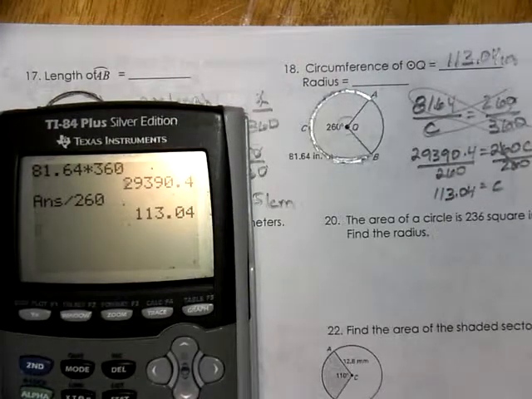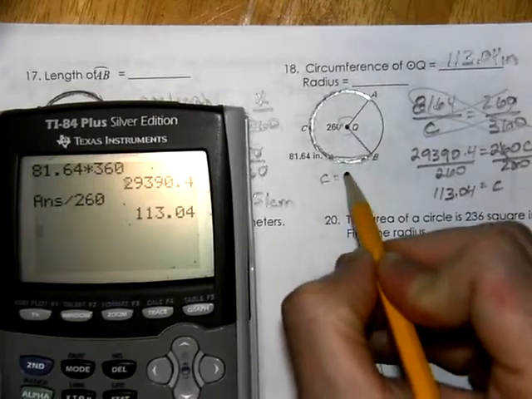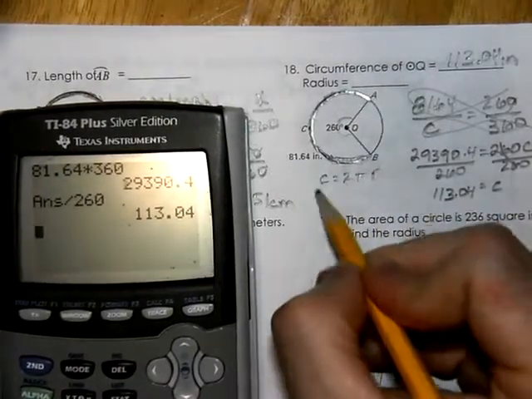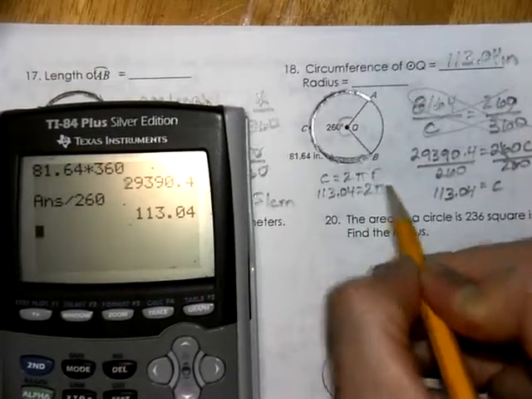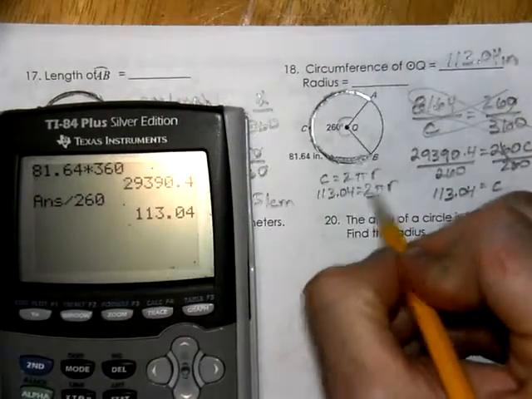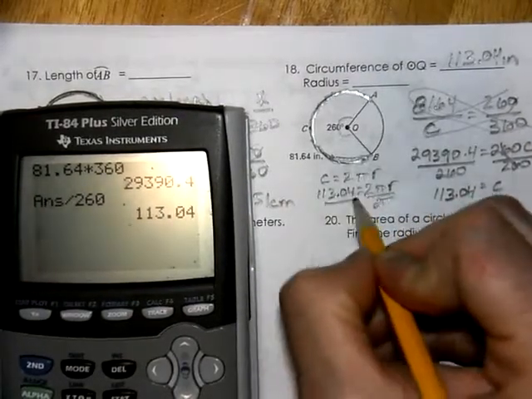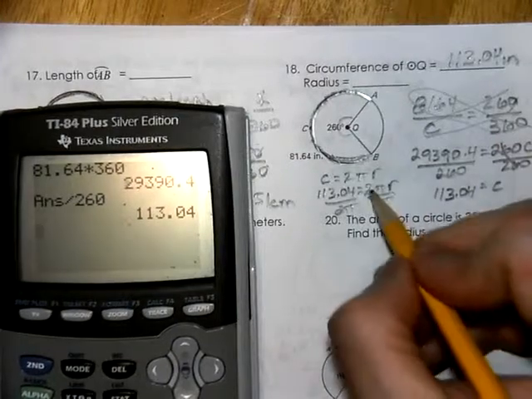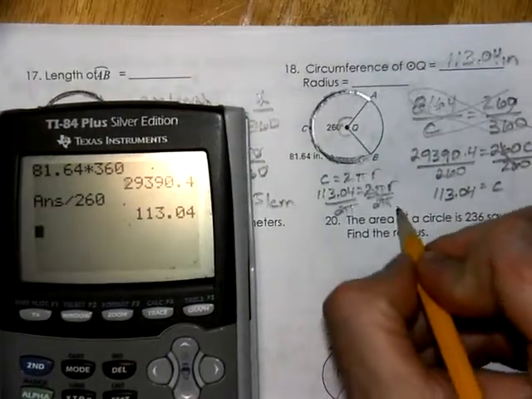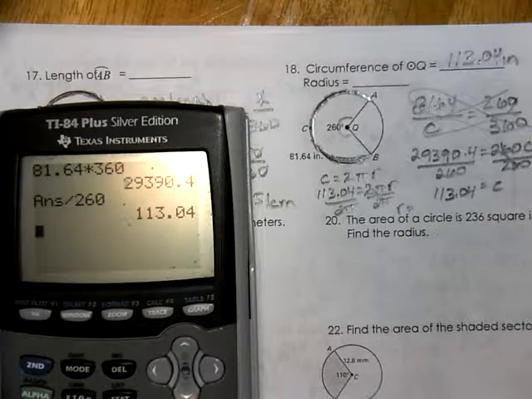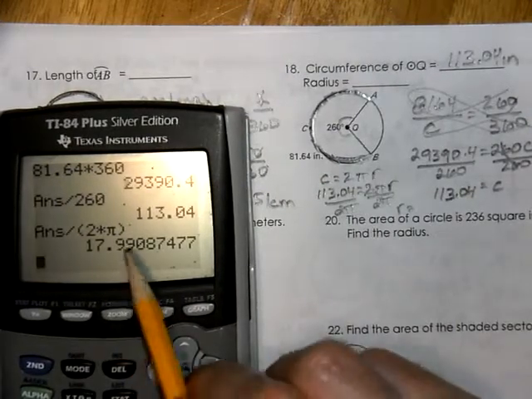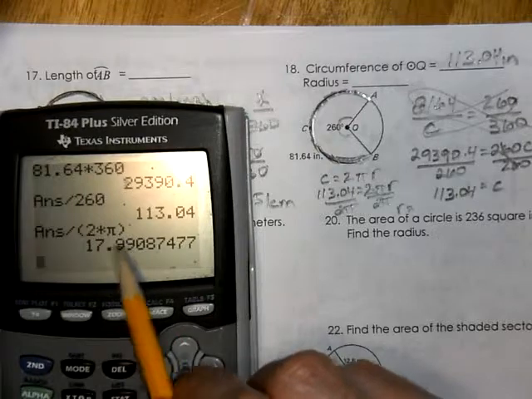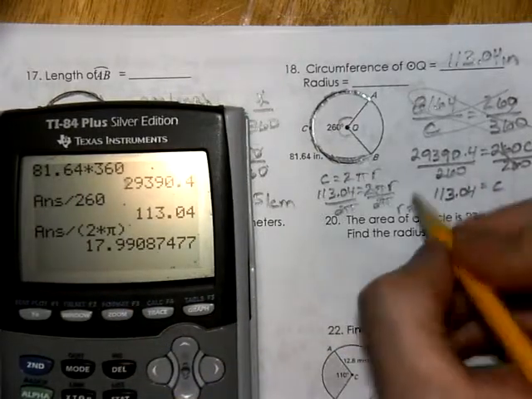Now to find the radius, we know that the circumference is 2 pi r. We have 113.04. To get the r by itself, we're going to divide by 2 pi. So our r value, we're going to divide this by 2 times pi, and we'll get just about 18.1799, call it 18.